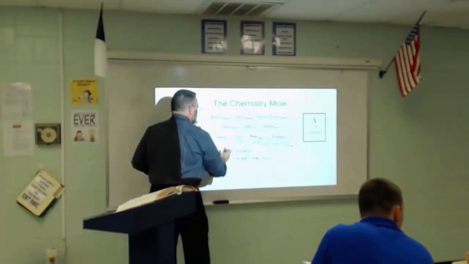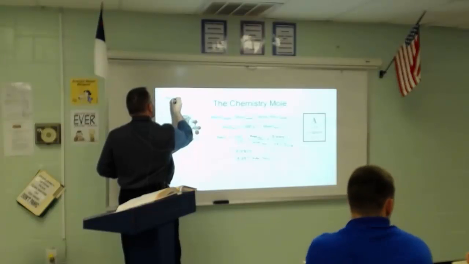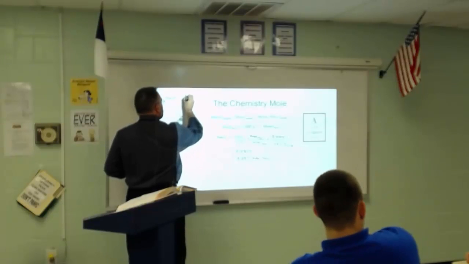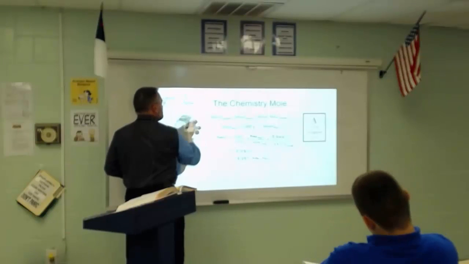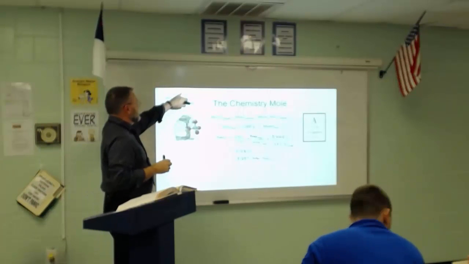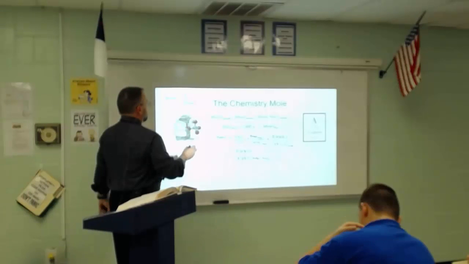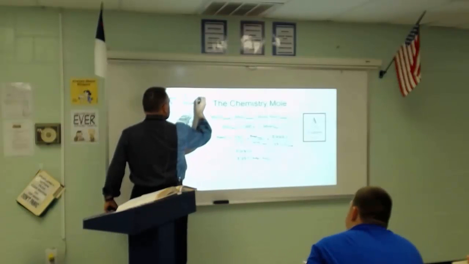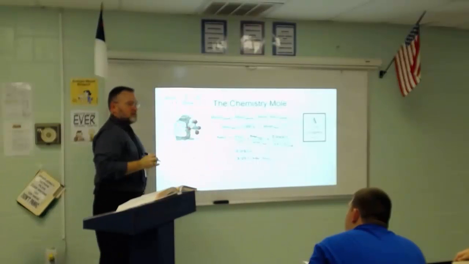Also notice here in the units, where I said moles is equal to grams divided by grams per mole. What's another way to write grams divided by grams per mole? It's the same thing as writing grams times what?